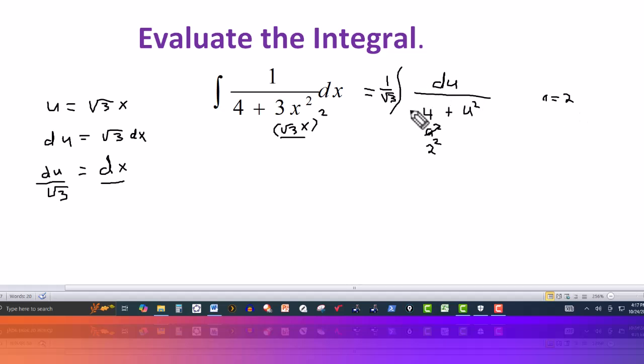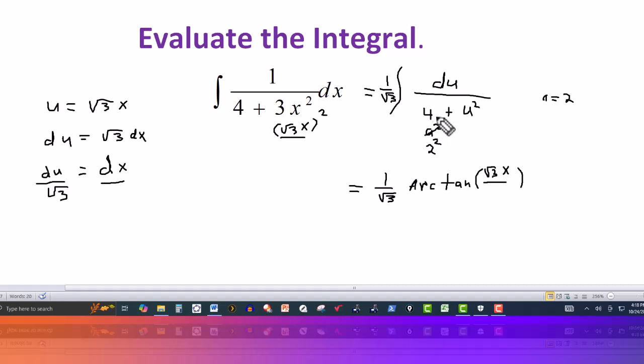Now we can go directly to the formula. So it's 1 over the square root of 3, and it was arctangent. And this is going to be u over a in the formula. It was 1 over a, and then arctan of u over a. Well, in our case, u is square root of 3 x, and a is 2.